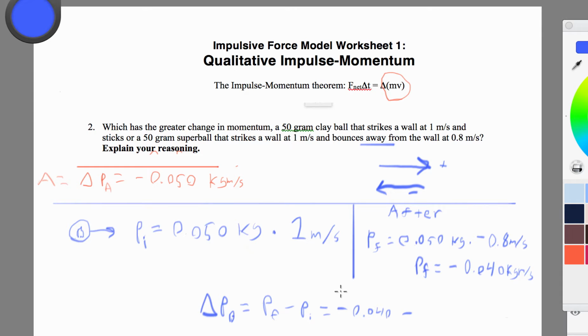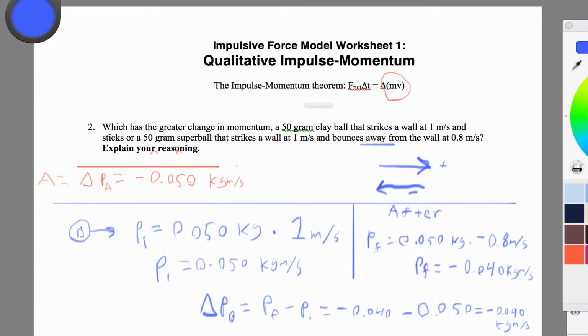Minus the initial momentum, which was 0.050 kilogram meters per second. So negative 0.040 minus the initial 0.050. And if I have negative 0.04 minus 0.05, I'm going to get negative 0.090 kilogram meters per second.